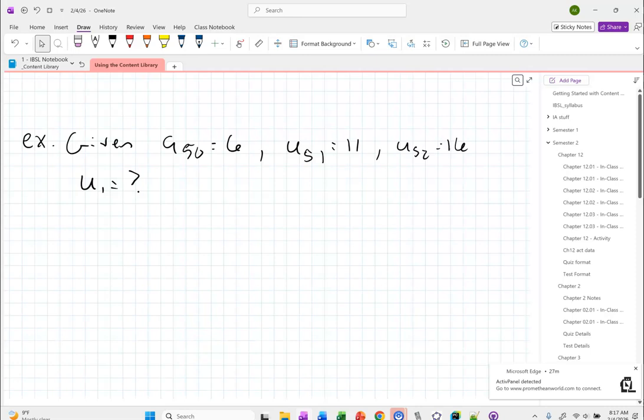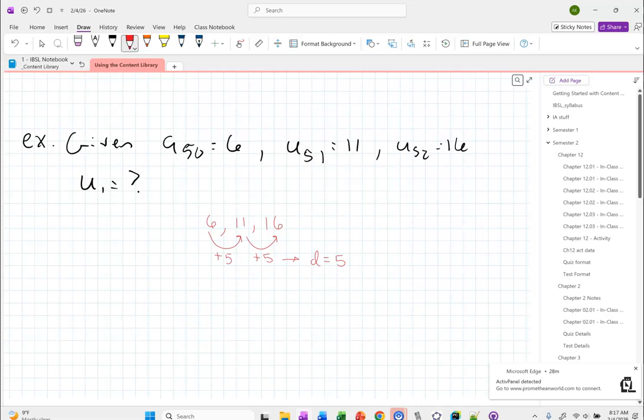So the first thing I would want to do here is just check to make sure that I'm looking at an arithmetic sequence. So it looks like my common difference is 5.